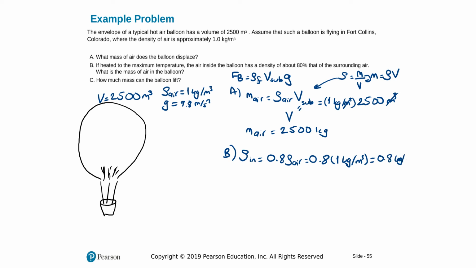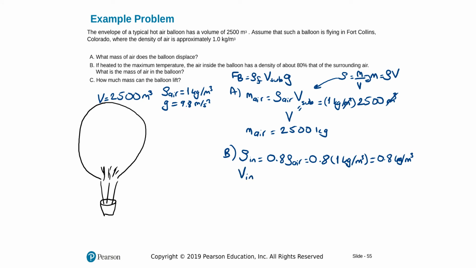So that will be 0.8 kilogram per meter cubed. If an object in the air is less dense than the air, it will go up. So this will cause the balloon to go up and become in equilibrium again. The density inside will be 0.8 kilogram per meter cubed. And the question asks, what is the mass of air in the balloon?